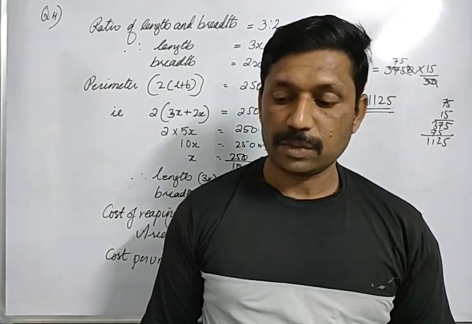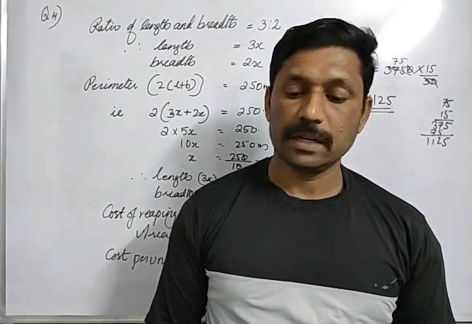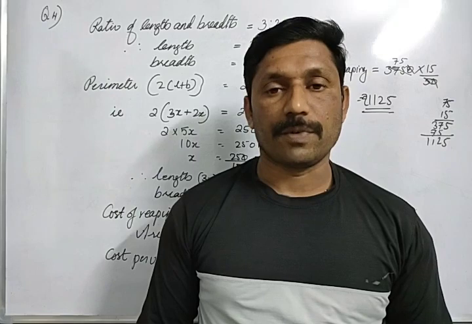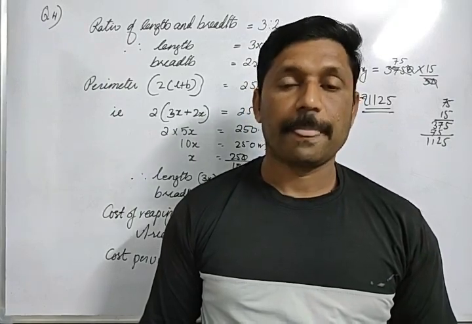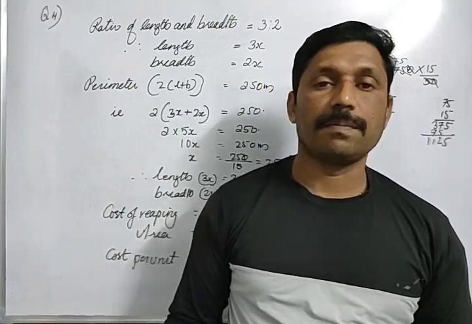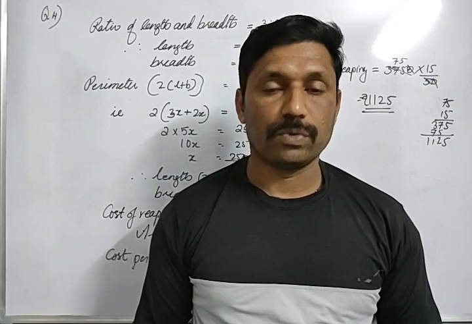Then you find out x value, and after finding out the x value, then you can find out length and breadth, and then after finding out length and breadth, you find out the perimeter of that field, and after finding out the perimeter, multiply that perimeter by 35, and then you get the cost of fencing that field.